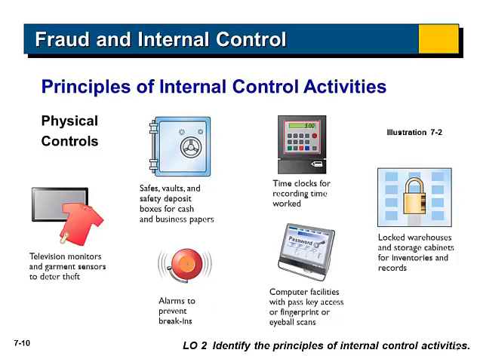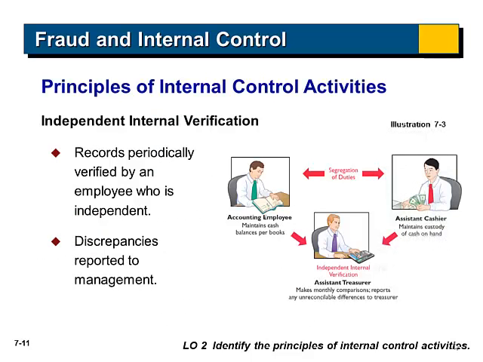So we talked about this idea of segregation of duties where a cashier would maintain the cash on hand and an accounting employee would maintain the financial records for the cash in the books. Well, there may also be an independent internal verification that's done by perhaps a treasurer, an assistant treasurer.